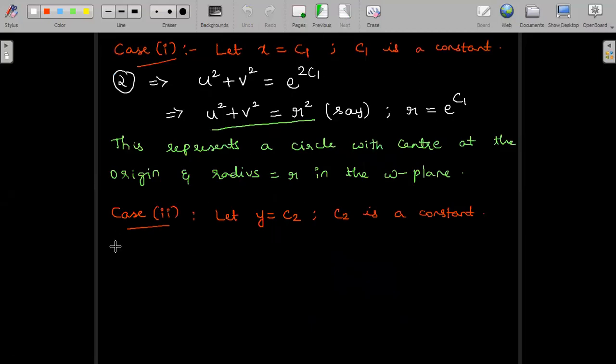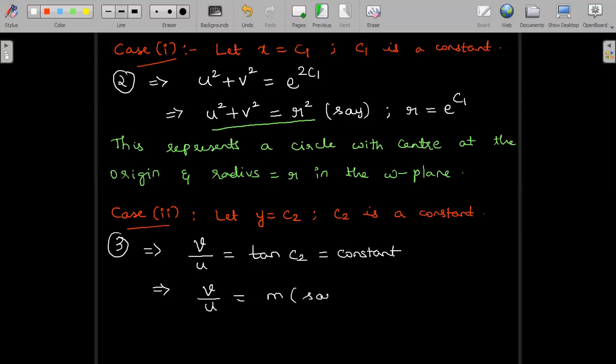We'll discuss the same thing and write it down now. So equation 3 implies v by u is equal to tan c2, which is a constant for us. So we have v by u is equal to, say, m. Constant we are denoting by m. So this gives us v is equal to mu.